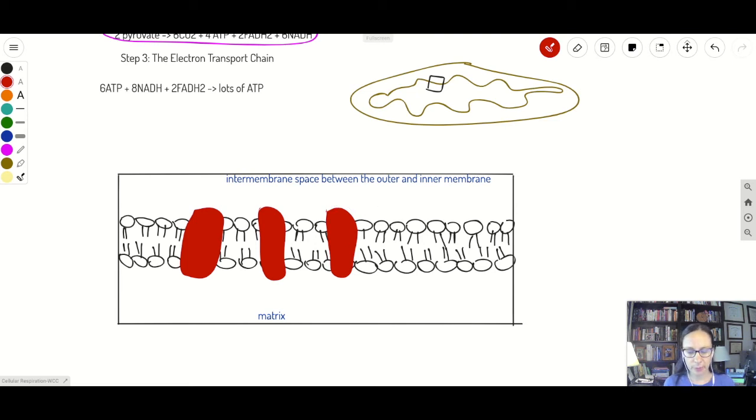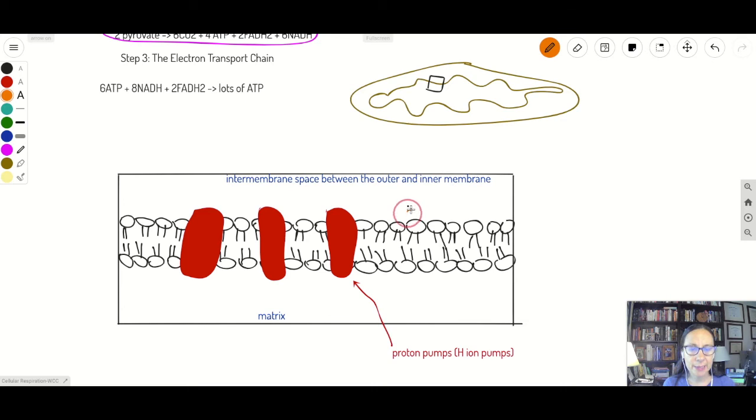So I'm going to label that. Okay, so I'm going to put an arrow here, and I'm going to say these are called proton pumps. Another way of thinking about it is they're hydrogen ion pumps.